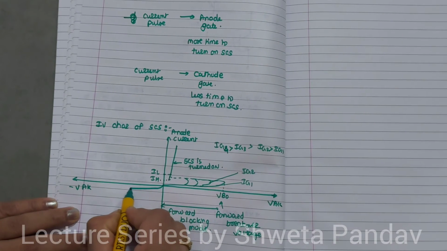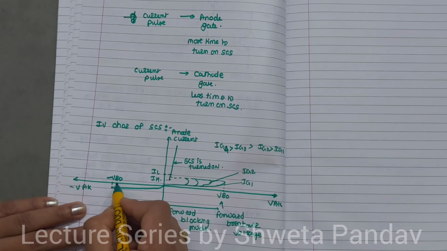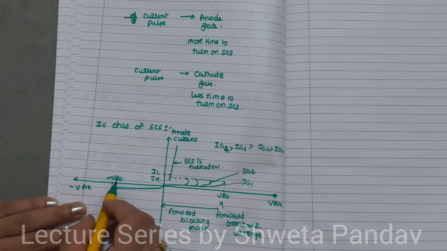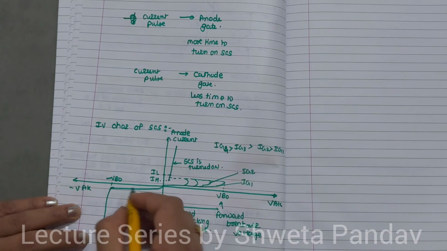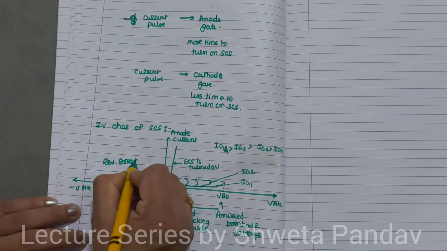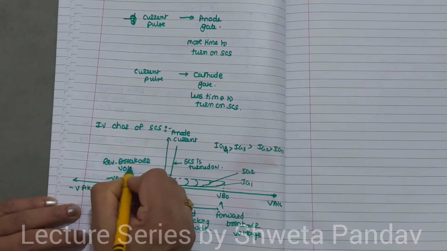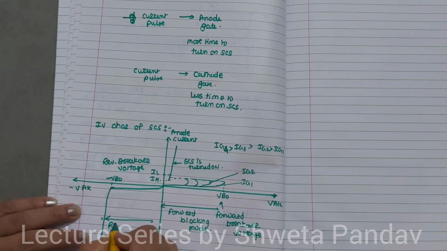The reverse characteristic remains the same. A small amount of current flows until breakover occurs, and after the reverse breakover voltage, the current starts increasing immediately. So this voltage is called the reverse breakover voltage, and this state is called the reverse blocking state.